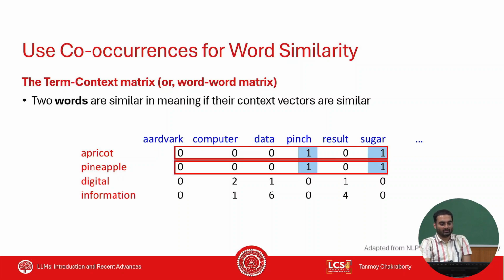Okay. So now if you look at two entries here, let's say apricot and pineapple, you see both these words co-appear with similar context words, pinch and sugar, right? But they did not co-appear with the context words artwork or computer data. So you can say that maybe these two words are similar.